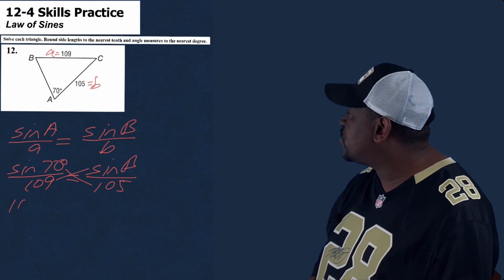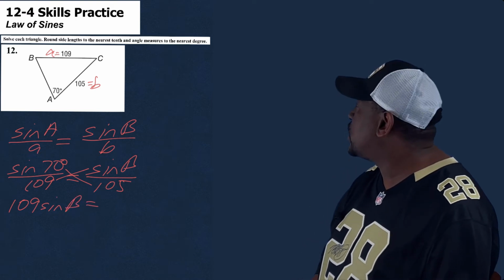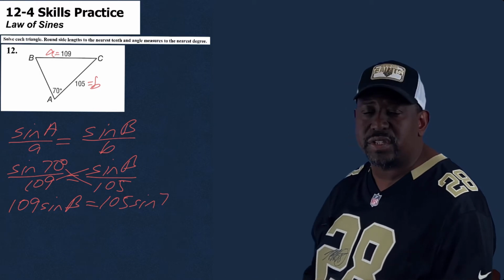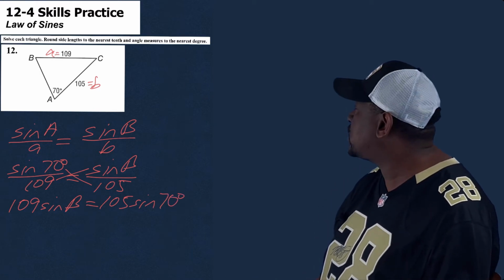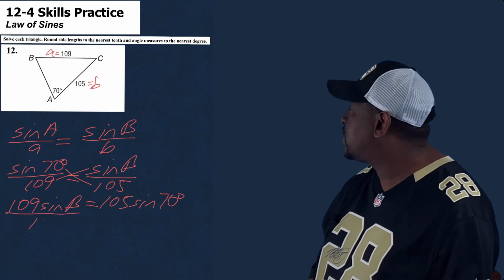We're going to have 109 times sine of B equals 105 times sine of 70 degrees using cross multiplying techniques. We will divide both sides by 109.